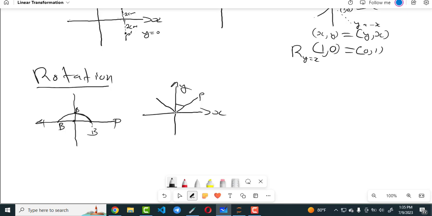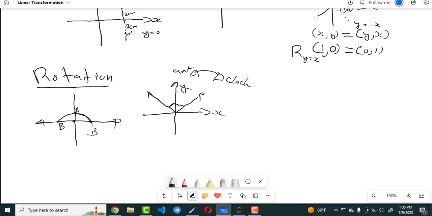So at a 90 degree angle anti-clockwise direction, it will come here. When we say anti-clockwise, we are going this way. When we say clockwise direction, it means we are going this way.